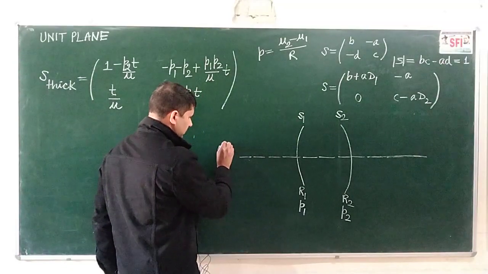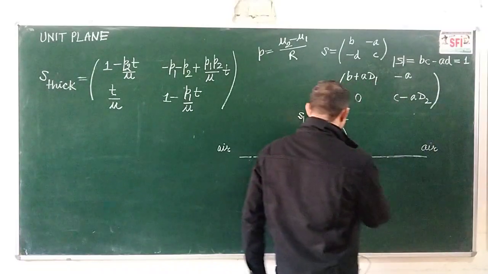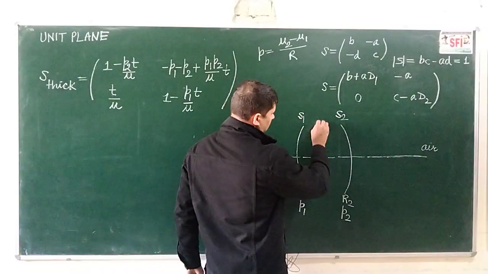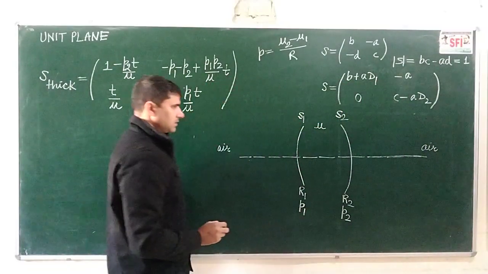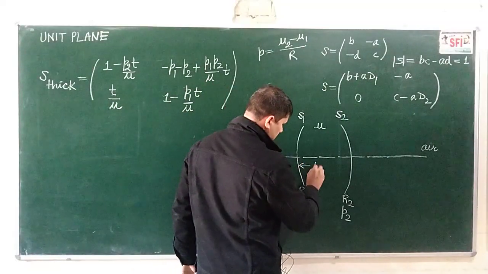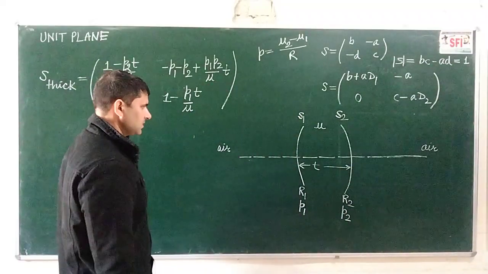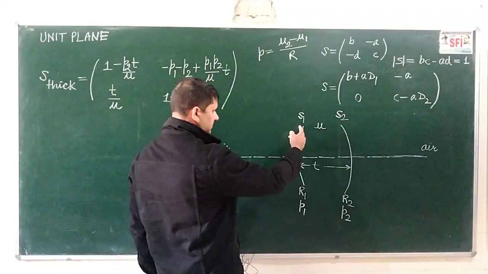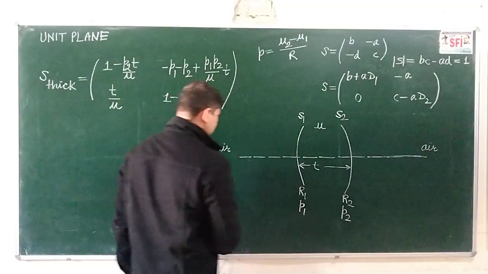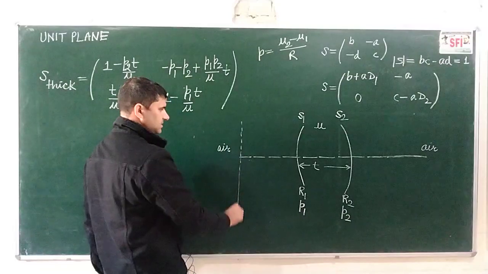So here we have air on both sides, and this glass is of refractive index mu and the thickness of this lens is T. All distances are measured from these two refracting surfaces. Here we have an object in this plane.